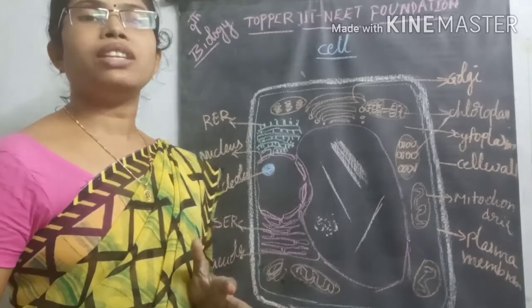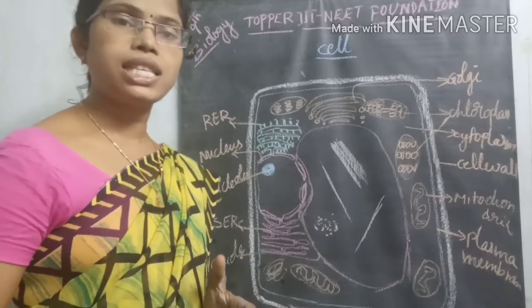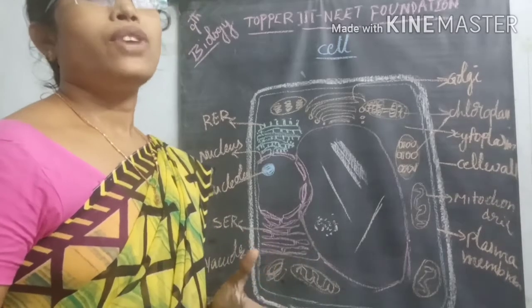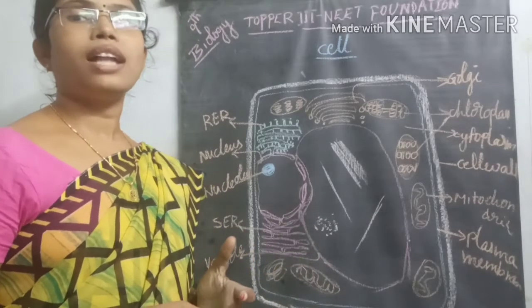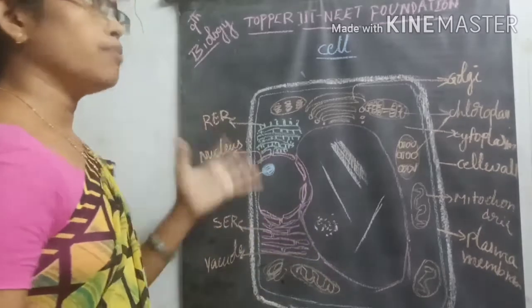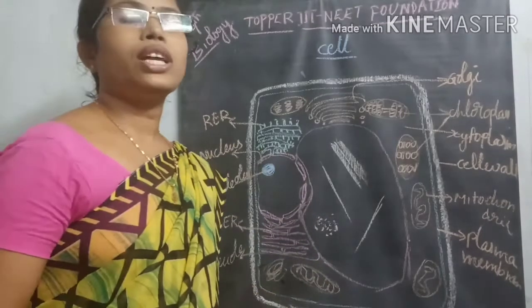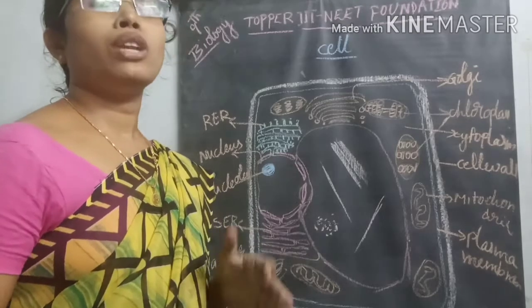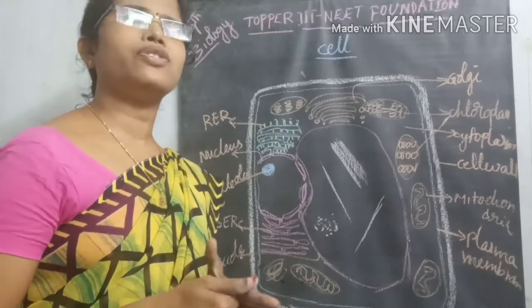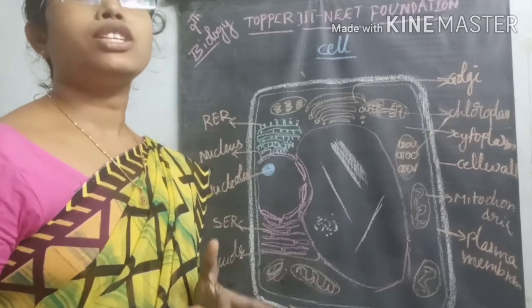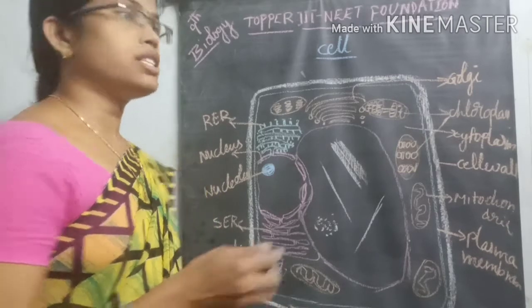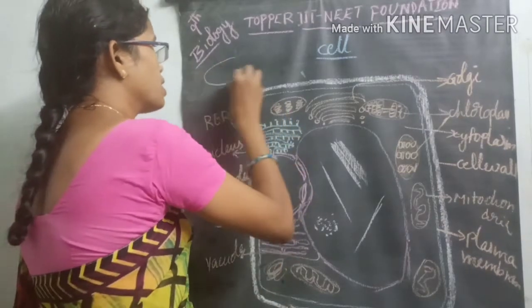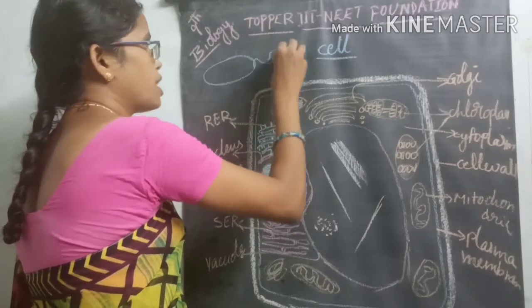For observing prokaryotic cells in the microscope, we go for gram staining. That also we discussed last time. In the bacterium, for locomotion, meaning for movement from one place to another place, the organism has a structure called flagella.